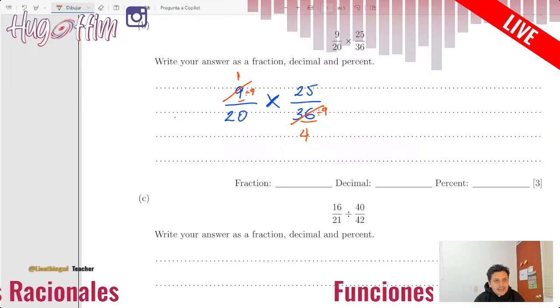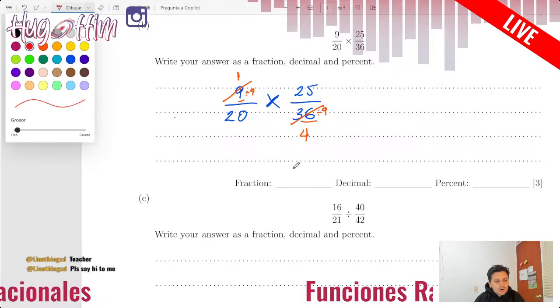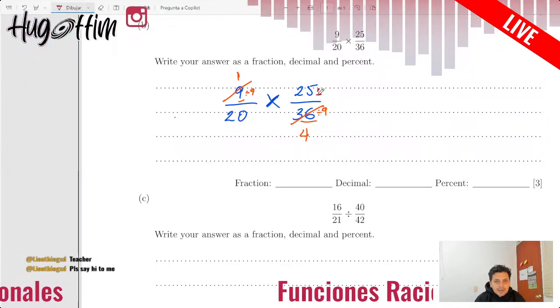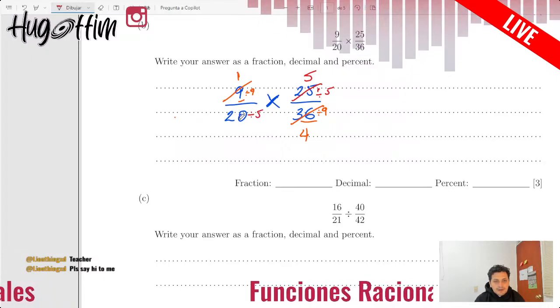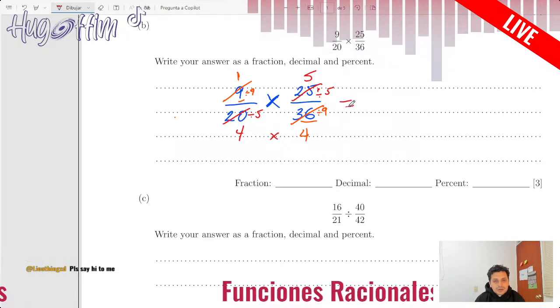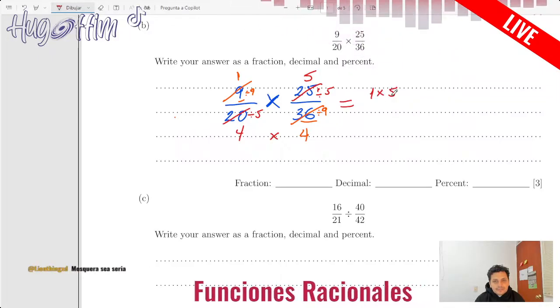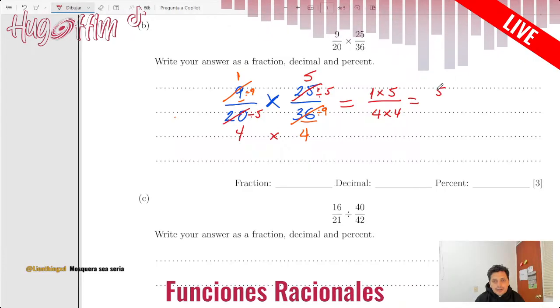And on this side I have 20 and 25. I can divide 25 by 5, so I got 5 here. I can divide 20 by 5, and I got 4 here. The answer is just multiplying 1 times 5 over 4 times 4, and this is going to give you 5 over 16.